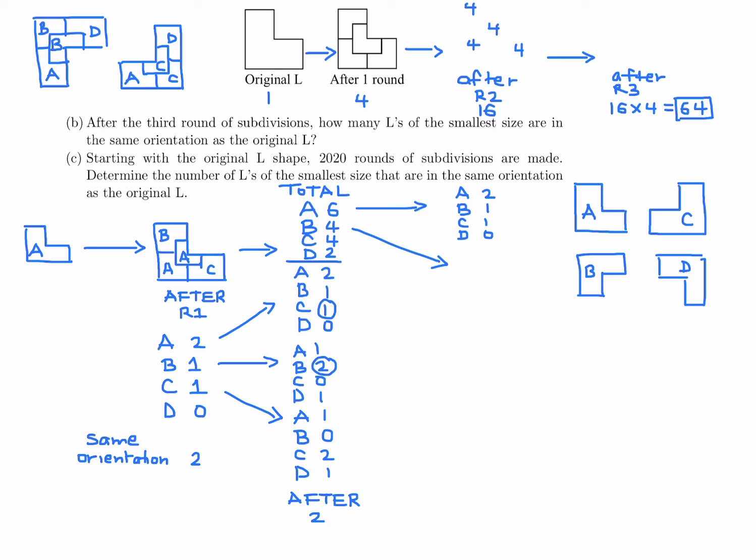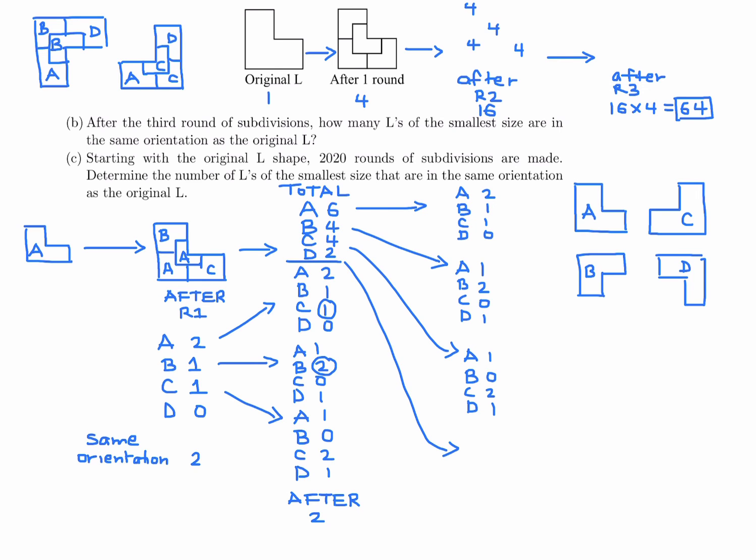B, what does B produce? Well, we did B here, right? B produces 1, 2, 0, 1. So A, B, C, D, 1, 2, 0, 1. C, we did right here. That produces 1, 0, 2, 1.